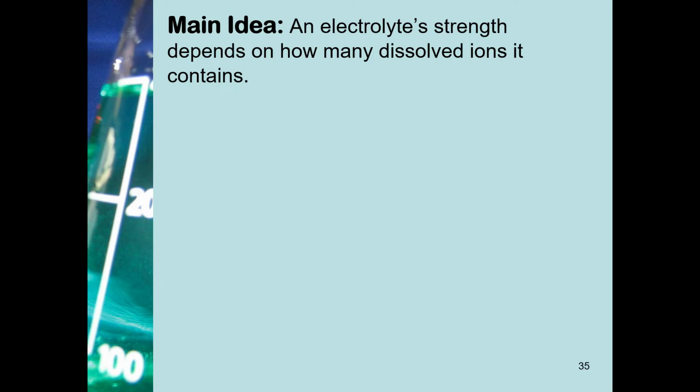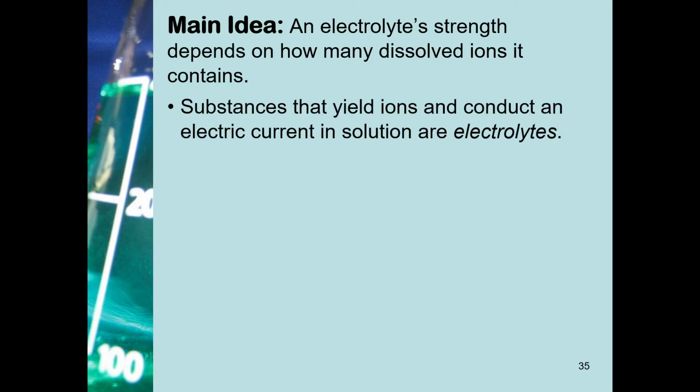Next idea is electrolytes. We've talked about electrolytes before and non-electrolytes. An electrolyte's strength depends on how many dissolved ions it contains. Substances that yield ions and conduct an electric current in solution are called electrolytes.